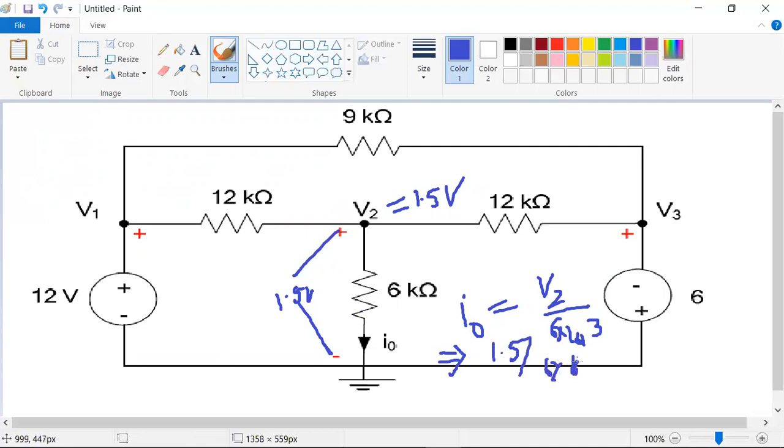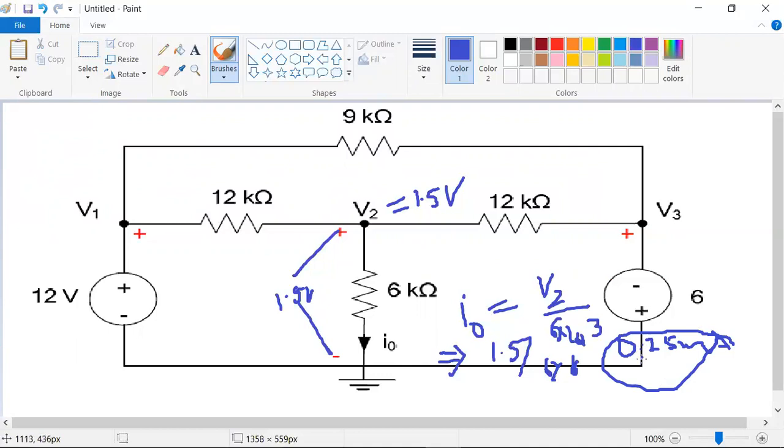Then you will get, 0.25 milliamperes of current which is flowing through this 6 kilo ohms resistor.